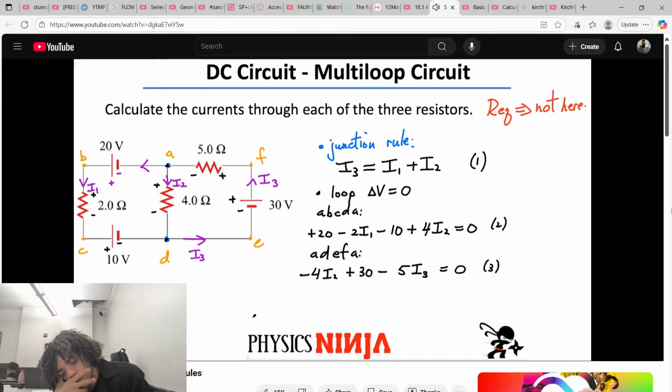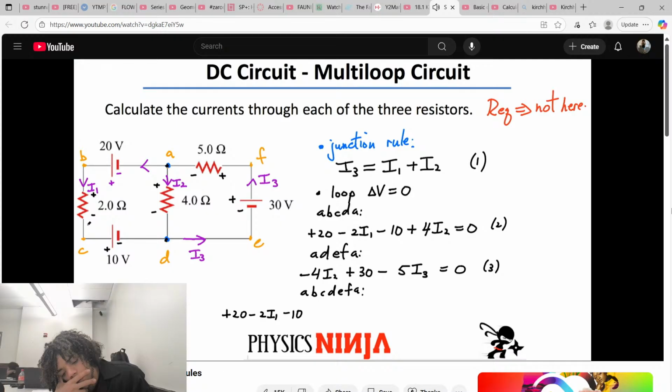This is equation 3. Now I could have done another loop, this big exterior loop here. We call that one A, B, C, D, E, F, and back to A. We've gone through every single point, going around this exterior loop. The first 3 terms are going to look exactly like they do in equation 2: plus 20, minus 2 times I1, minus 10.